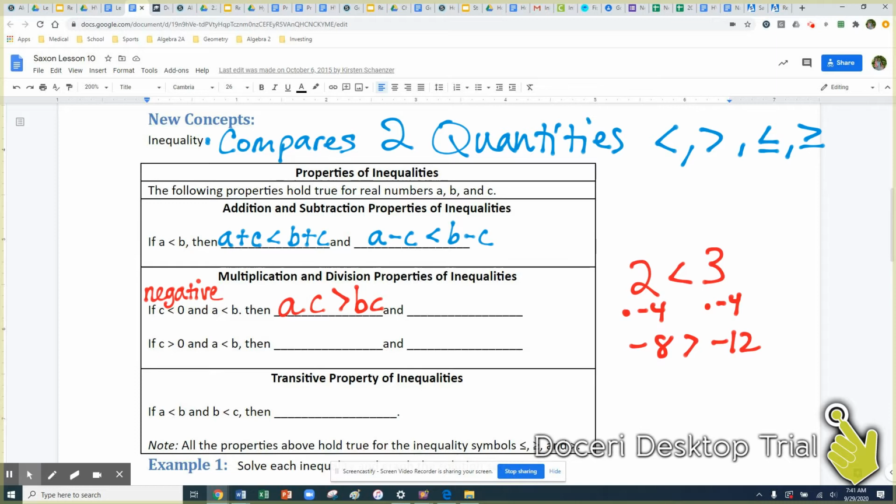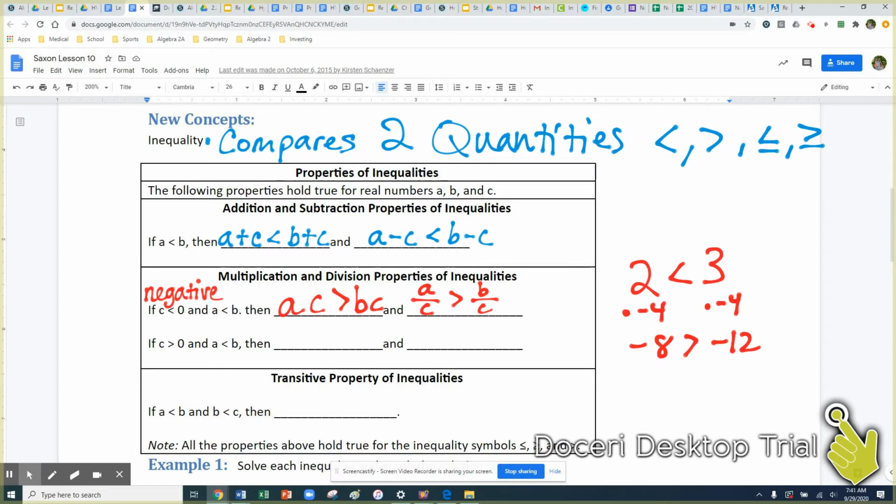Now that side is my bigger side. So whenever we multiply or divide, we'll show that in a second, we are going to have our sign flip. We do that by a negative. So again, if you have A divided by C, that's now going to be greater than B divided by C. The one little thing that we have to pay attention to is if we ever multiply or divide by a negative, it makes the other side the bigger side.